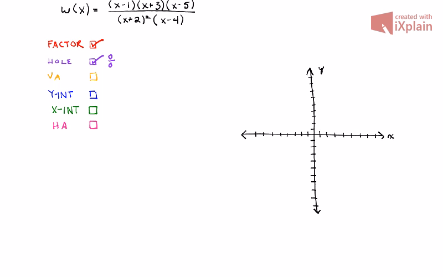So I'm good to go. The next thing that we're going to do is try to find the vertical asymptote. And to find your vertical asymptotes, you are going to want to refer to the denominator of your rational function. So in this case, finding the vertical asymptote is basically asking yourself, what restrictions am I going to have that would make my rational function undefined or inaccurate or impossible?